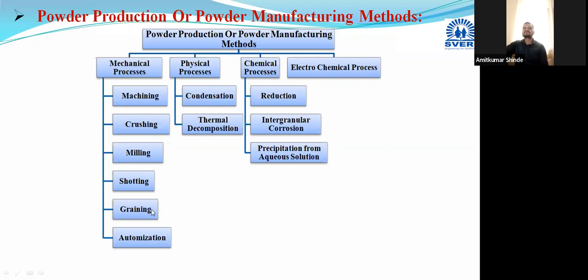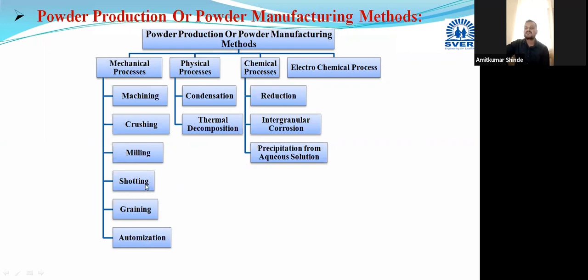And in these last 3 techniques, shooting, graining, and atomization, the production rate is very high, and in the first three techniques, the production rate is very low. These three techniques will provide you a rapid production rate, and we will get spherical shaped powder particles.